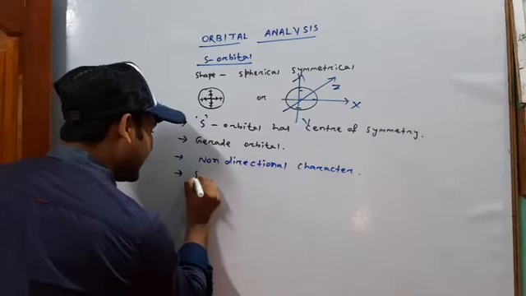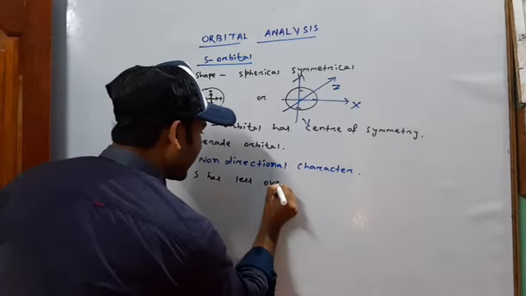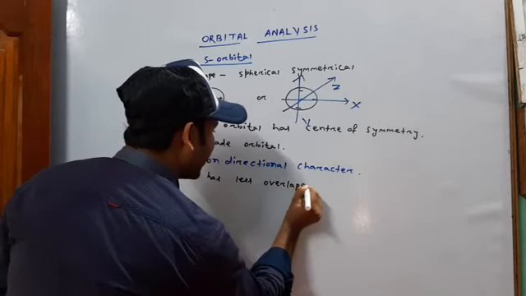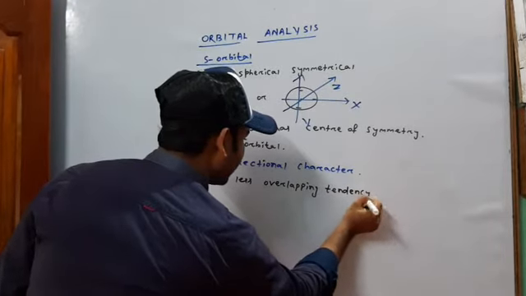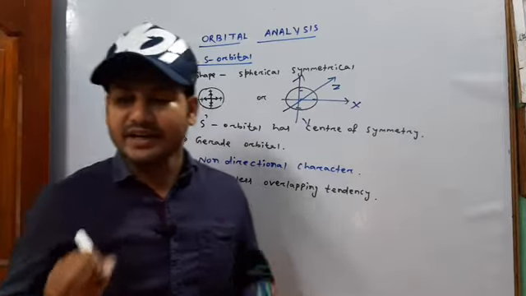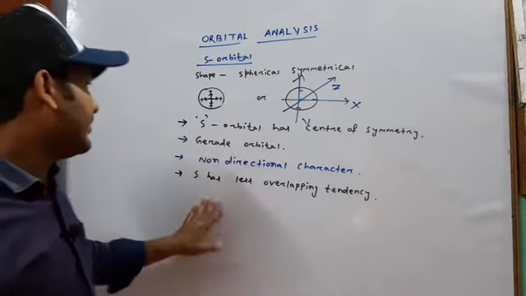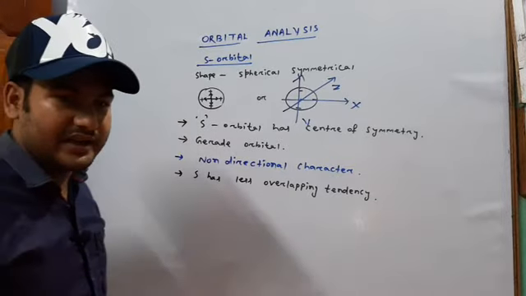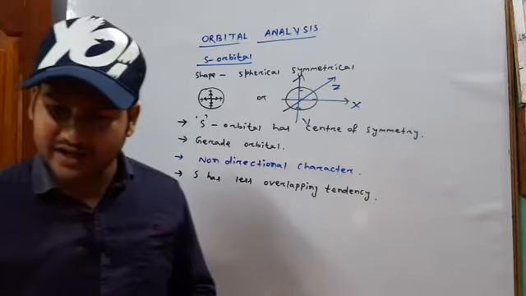The s orbital has less overlapping tendency because it is non-directional in nature. These are the basic concepts of the s orbital. At first, the shape of the s orbital is spherical, symmetrical.